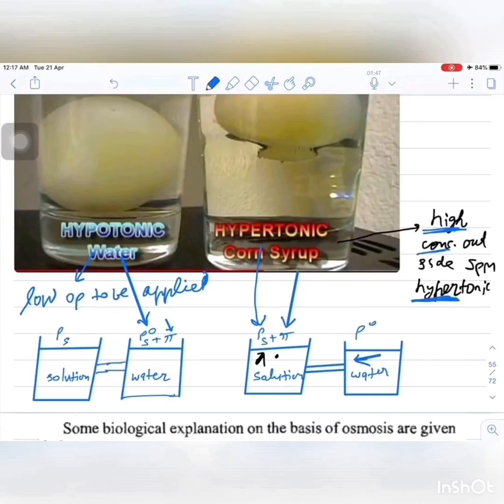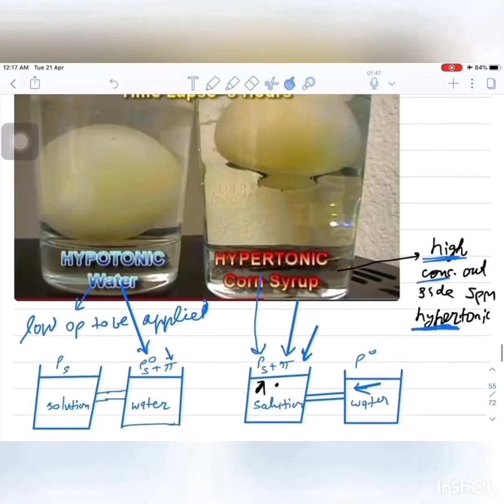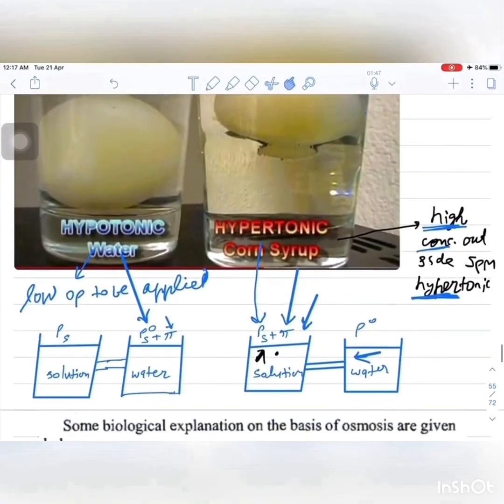Because corn syrup has low vapor pressure, we have to apply here high osmotic pressure in order to stop the flow. So if this osmotic pressure trick is difficult for you to remember, you do just one thing. Remember that hypertonic solution has high concentration, high for hyper. Hypertonic solution has high concentration and hypotonic solution has low concentration.